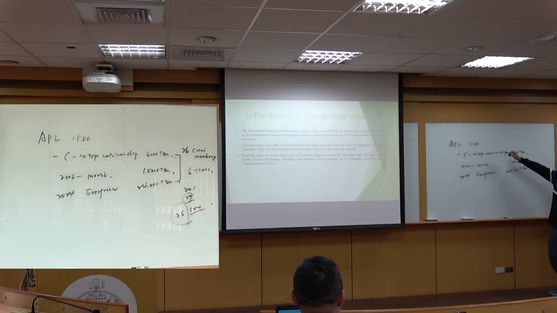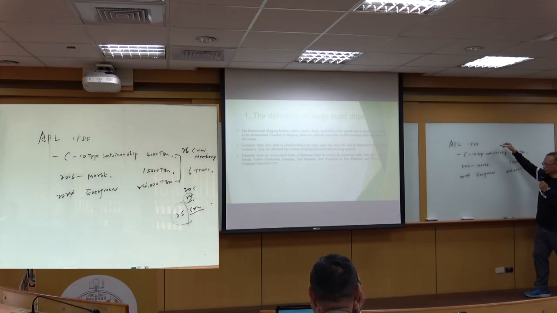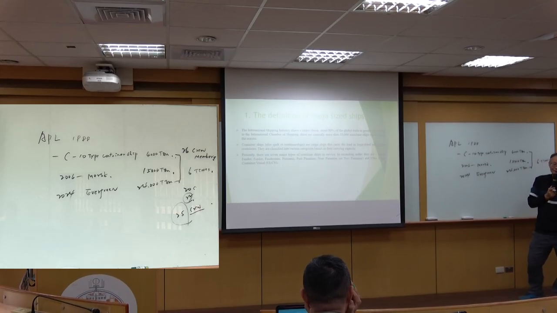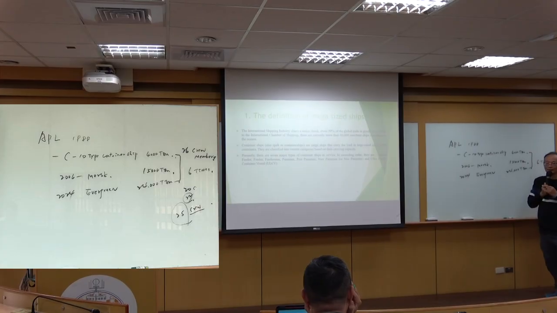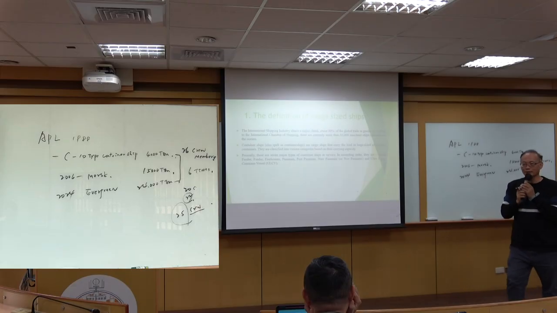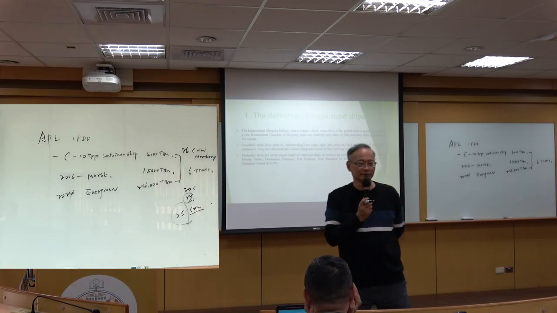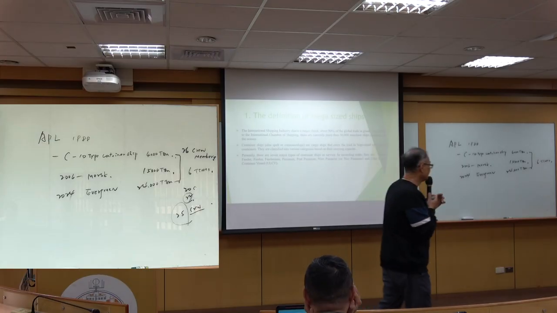So you see from 1988 to 2024, the size is 6 times bigger. Very big. But I just mentioned 6 times. How about crew members? How many seafarers? About 26.